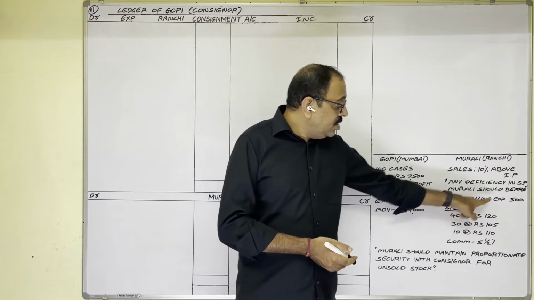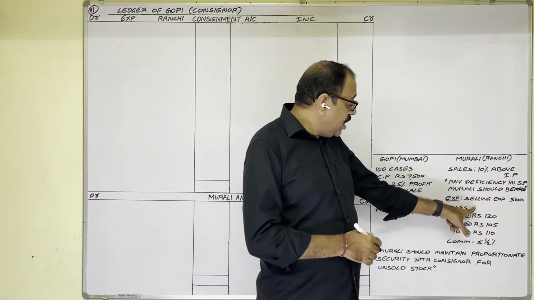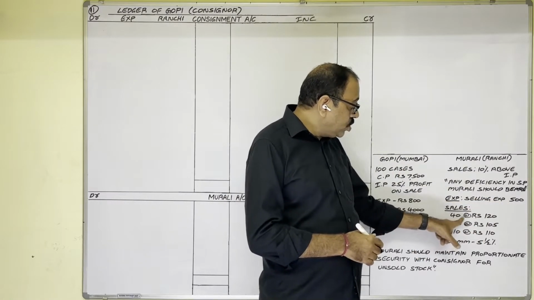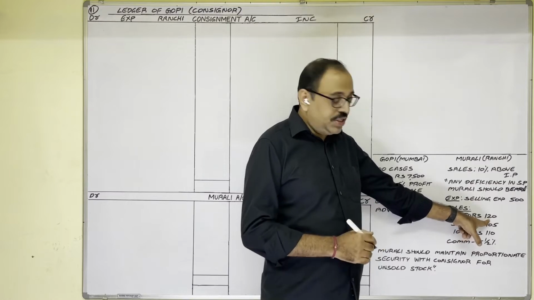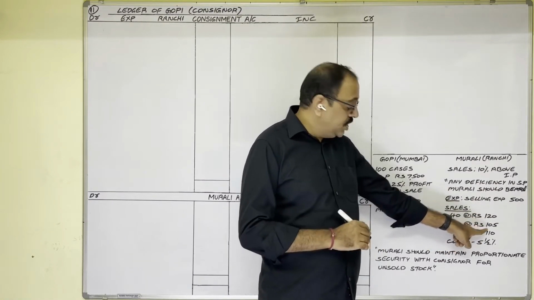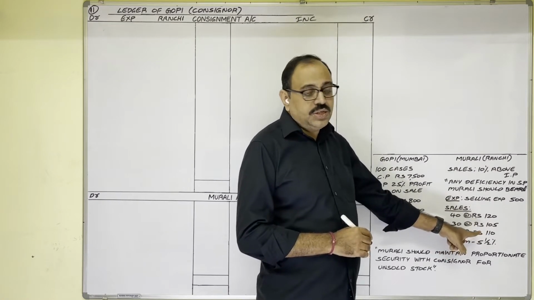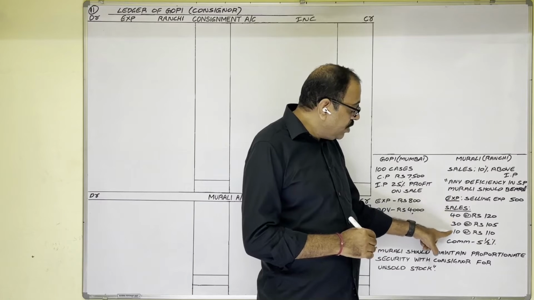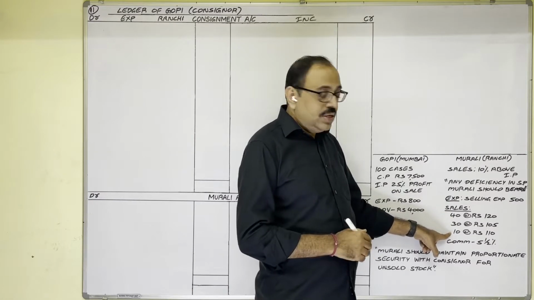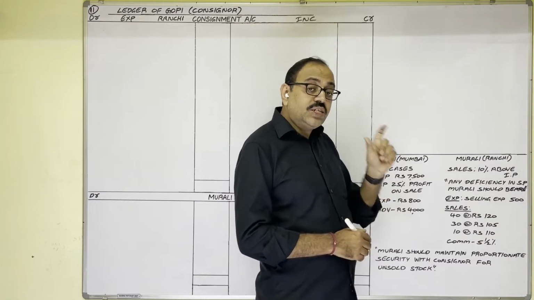Murali's expenditure is 500 rupees, selling expenditure. 40 cases are sold at the rate of 120 rupees each, 30 cases at 105 rupees each, and 10 cases at 110 rupees each. So 40 plus 30 plus 10, 80 cases. Consignor sent 100 cases, so unsold stock is 20 cases.